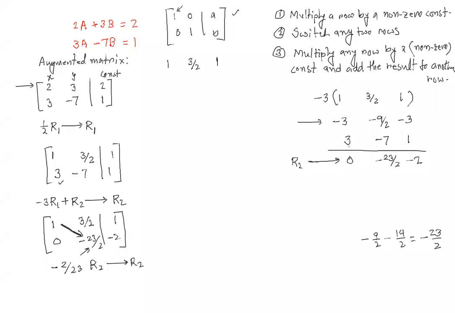And then -2/23 times 0 is going to be 0. -2/23 times -23/2 is 1. Okay. -2/23 times -2 is +4/23.